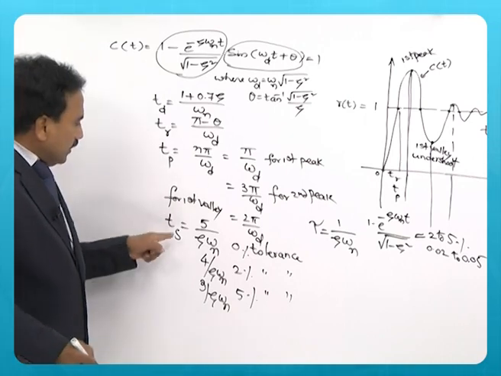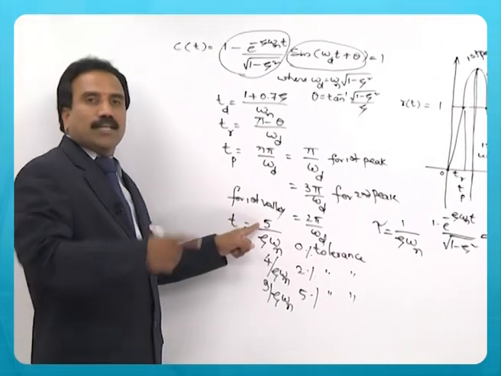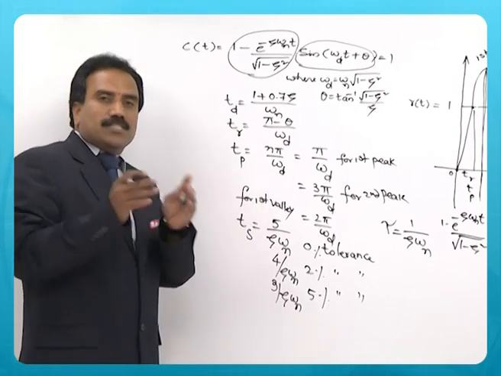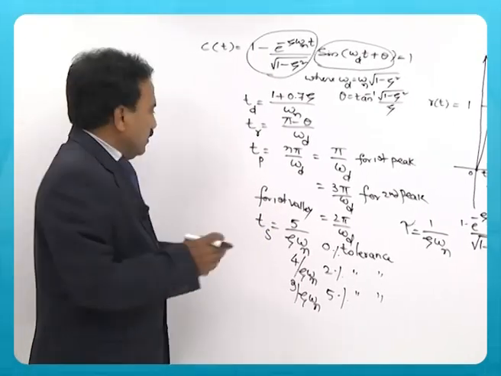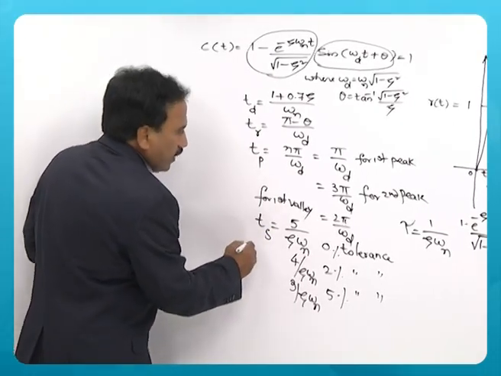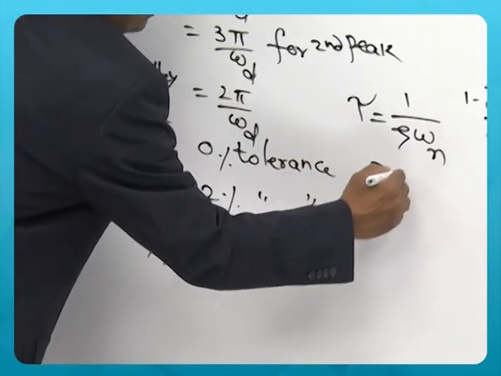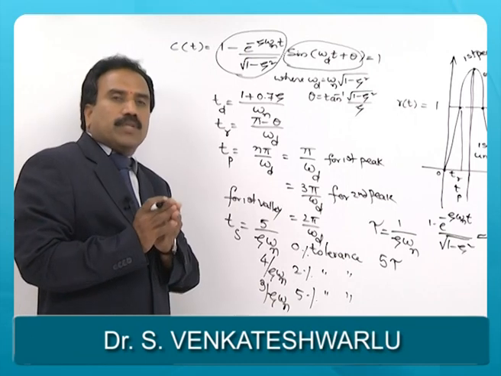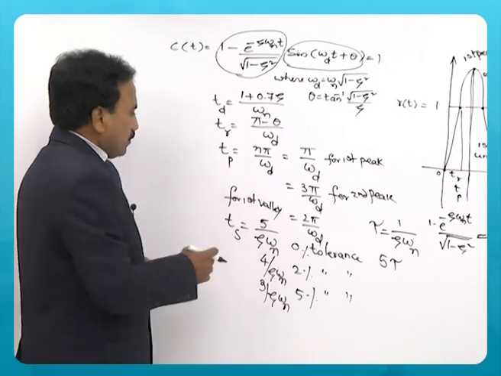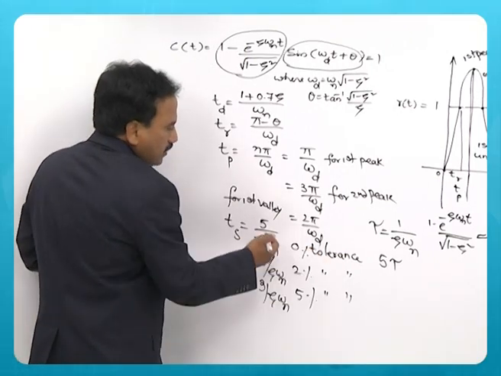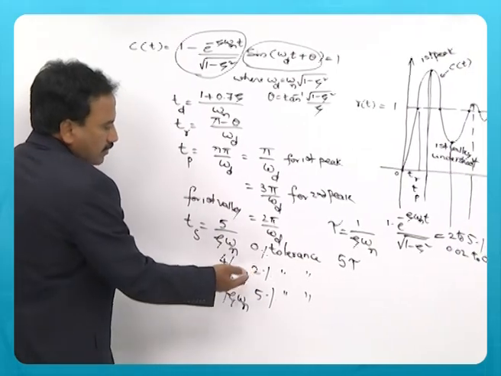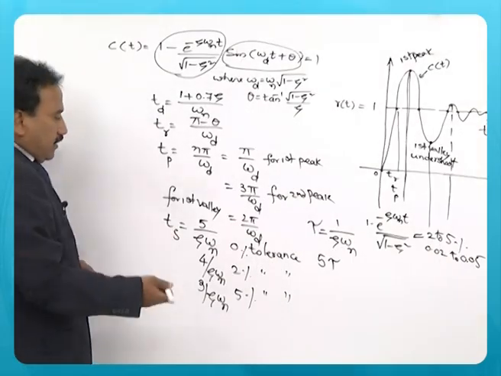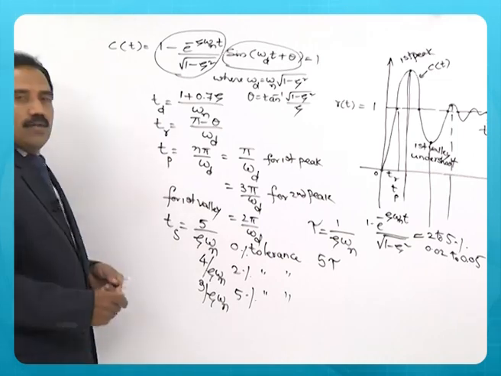So the settling time is 5 times the time constant, because any system generally takes 5 time constants to reach the steady state value. So with 0% tolerance it is 5 by zeta omega n. Generally 2% tolerance is taken, so it is 4 by zeta omega n.